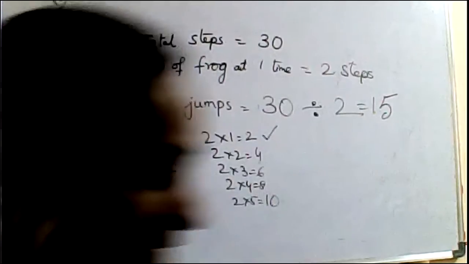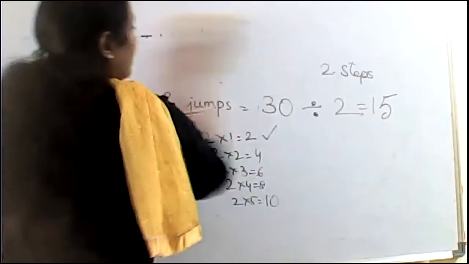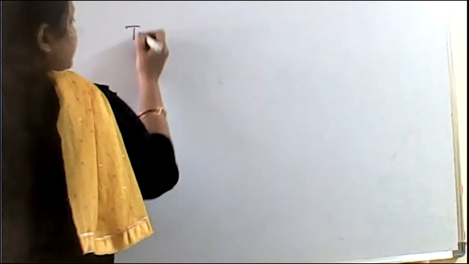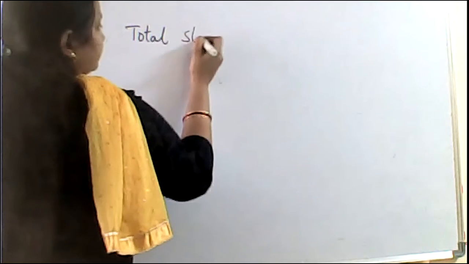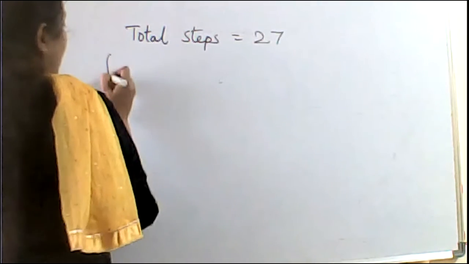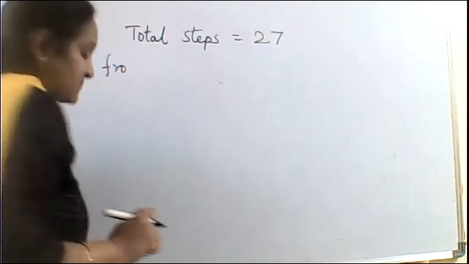So what statement do you have to write there? 27 divided by 3 equals 9. Frog and squirrel. Number of jumps is 9, ma'am. 27 divided by 3 equals 9.